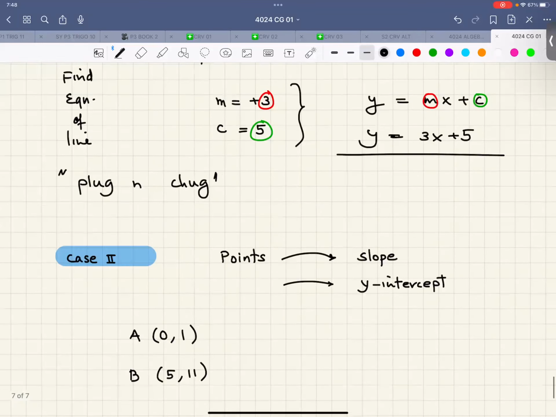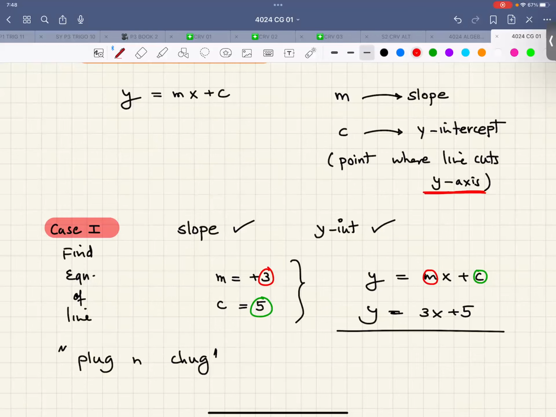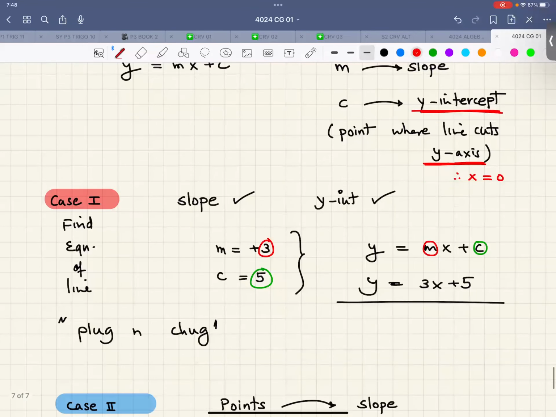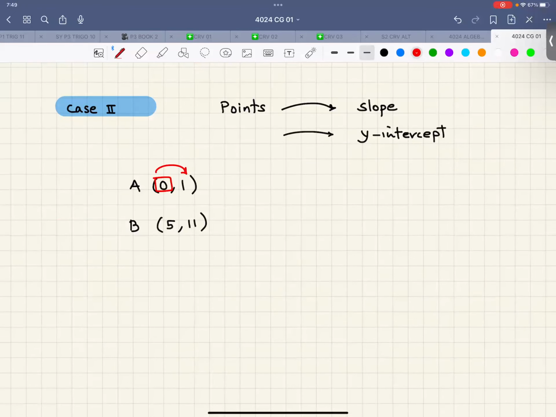And one more thing, where the line cuts the y-axis, that is the y-intercept. Where the line cuts the y-axis, we know the x-coordinate is 0. When the x-coordinate is 0, this value is the y-intercept. So I can figure out that c comes out to be 1.